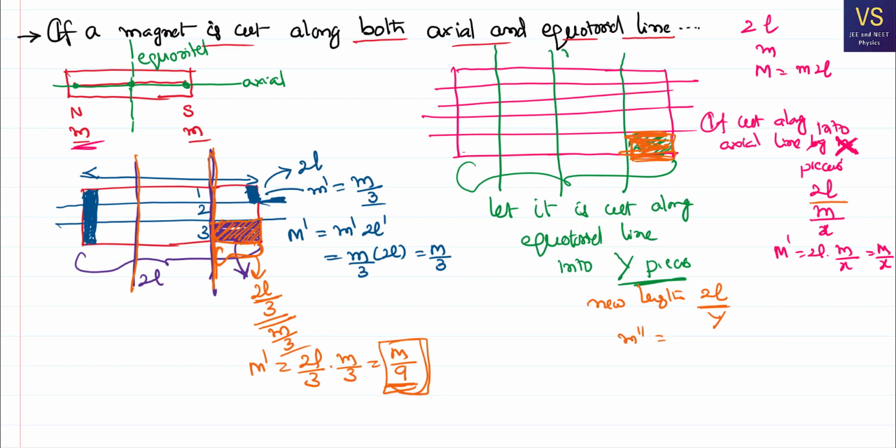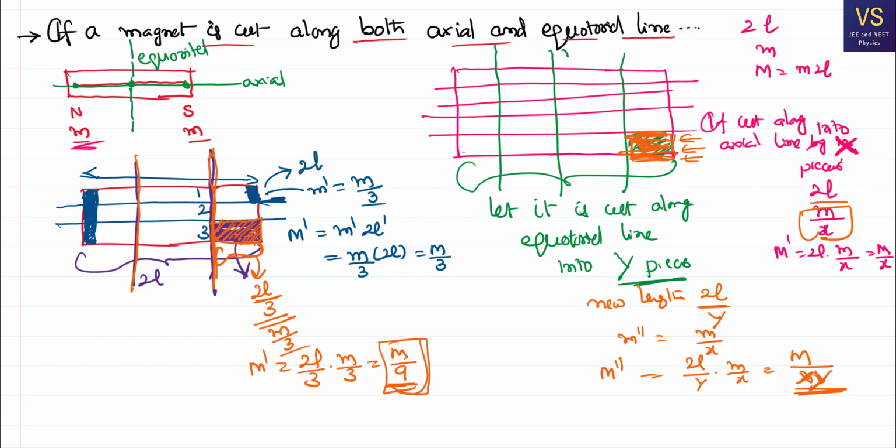Earlier the pole strength became M by X. It still remains M by X because you have not affected the number of molecules in each piece. The new magnetic moment will be 2L by Y times M by X, that is, the total magnetic moment divided by XY, where X is the number of equal pieces along the axial line and Y is the number of equal pieces along the equatorial line.